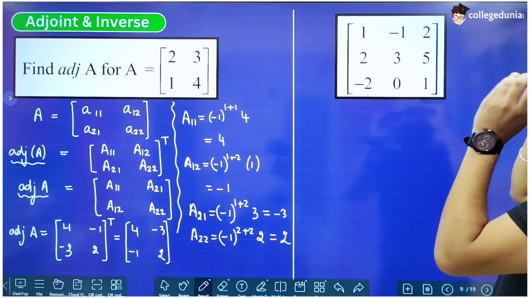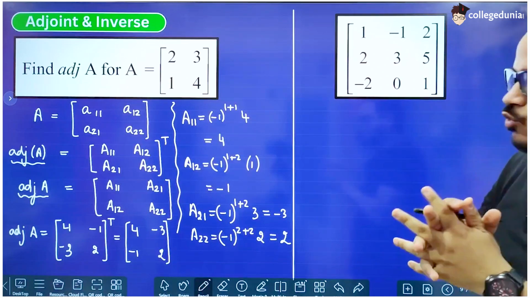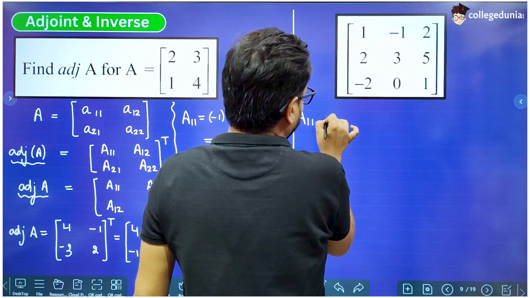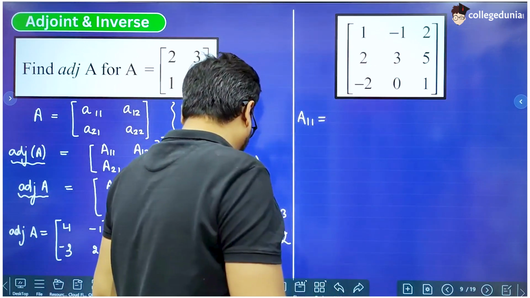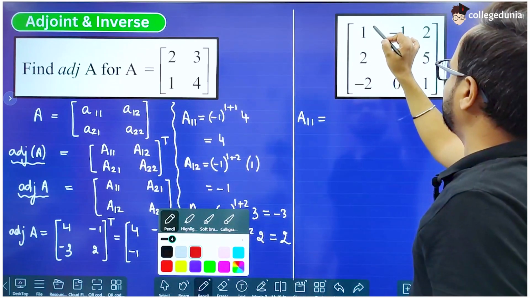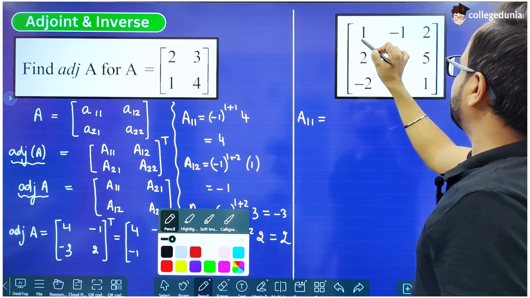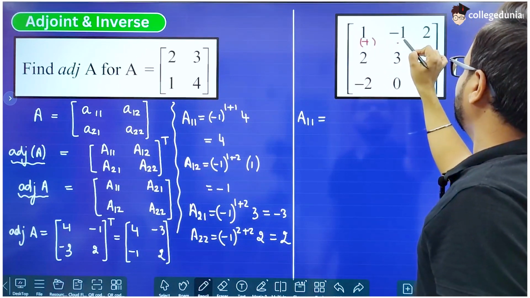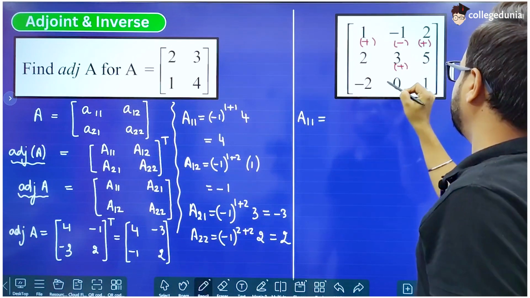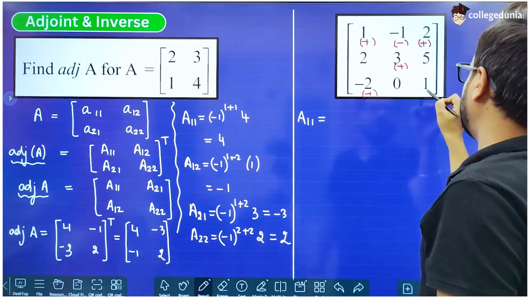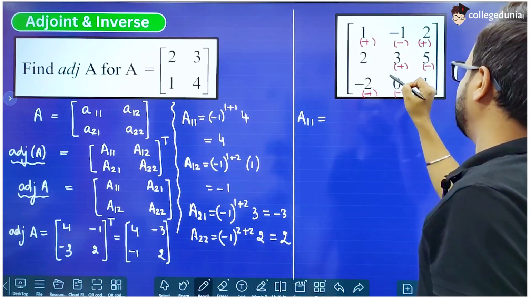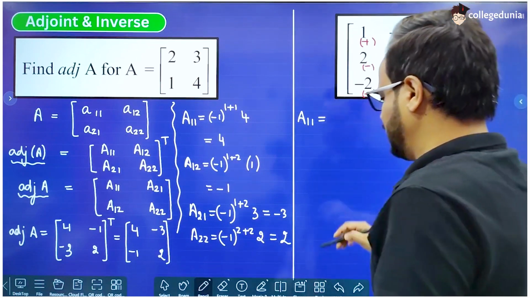Okay, if we have to find the adjoint of this, we have to find 9 cofactors first. Let's find them. A11, I'm finding it using the shortcut method. We will just write positive for this, negative for this, positive for this. For main diagonal elements we are writing positive, and in front of the other elements we are writing negative.